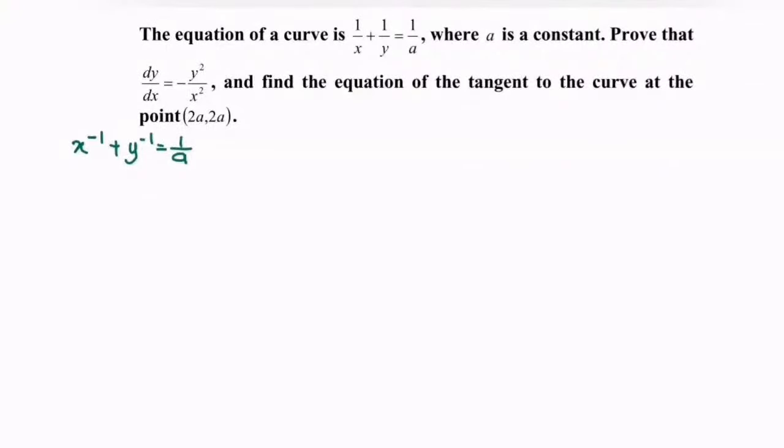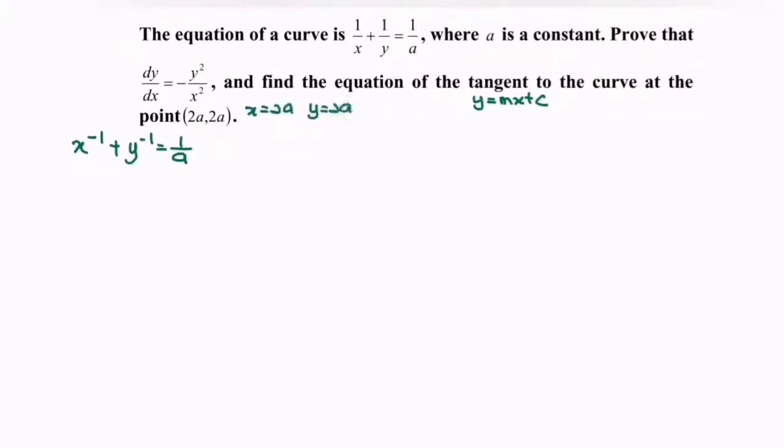This means that we have to differentiate the situation with respect to x. And then find the equation of the tangent, where we have the equation of a straight line, y equals mx plus c, where m is the gradient and c is the intercept, to the curve at the point (2a, a). So x equals 2a, y equals a.